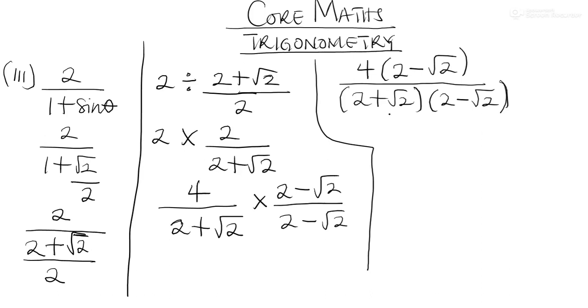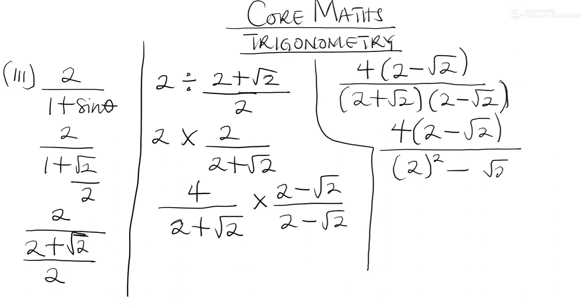When you factorize a difference of two squares, this is what you get. So we rewrite it in that form and simplify. We are now going to have 4 into brackets 2 minus root 2 all over 2 squared minus root 2 squared.